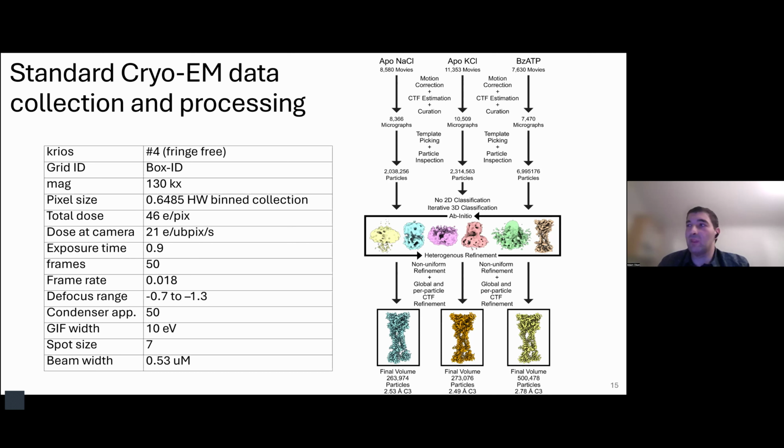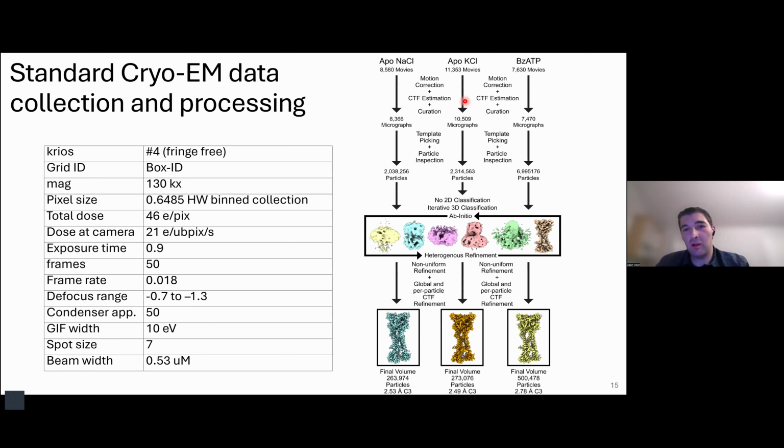Using hardware binning, we haven't seen a dramatic effect on our resolutions, but what this does allow is about twice as many micrographs per hour, and it also takes up a quarter of the hard drive space. So it's been a nice improvement for us.